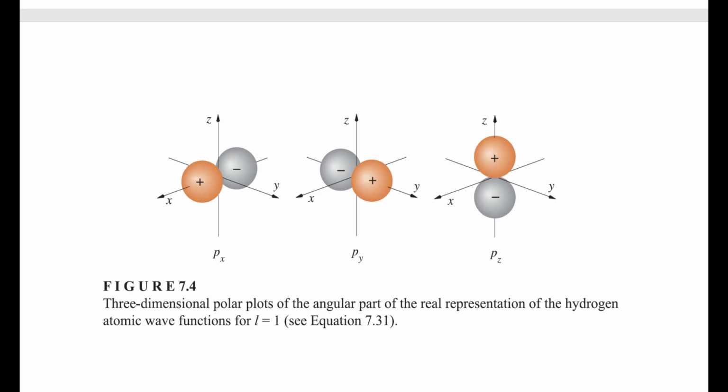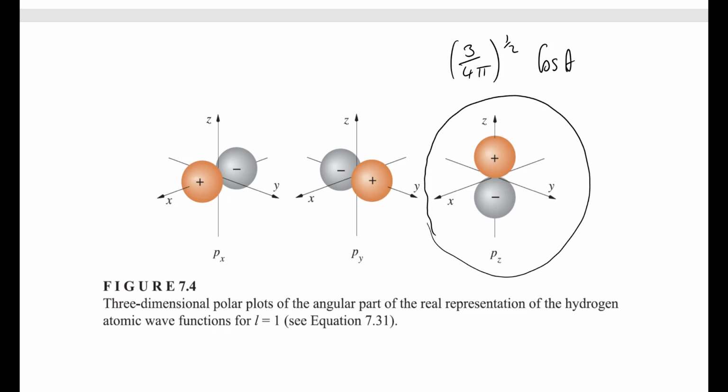What we must notice is that the radial functions are not included. Loosely speaking, the orbital shown as the p sub z orbital corresponds to the description of the Y 0 1 wave function, the spherical harmonic associated with that. But let's remind ourselves what the wave function is, psi 2 1 0.